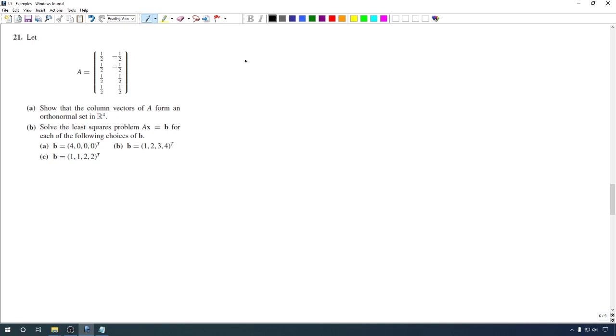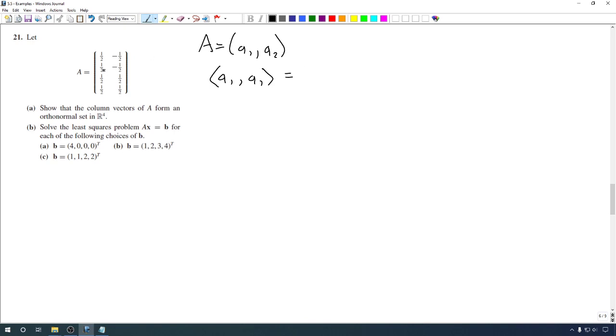Well, we could just do that directly. Let's name the columns. That might make it a little easier to work with. Let's say they're A1 and A2. We're going to look at the norm, or really the norm squared, of A1.